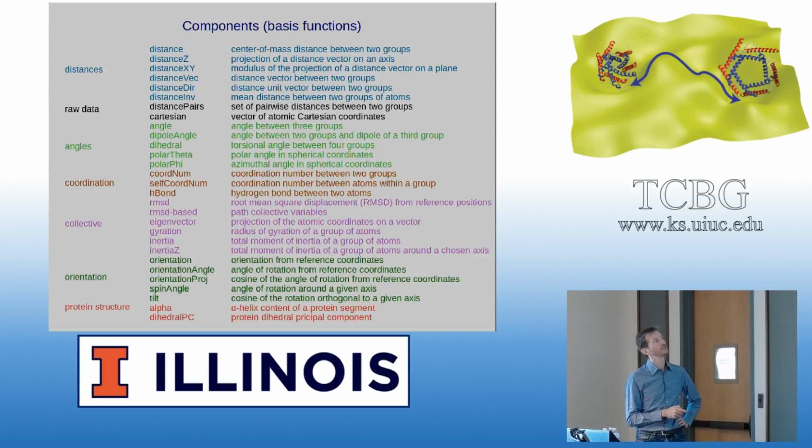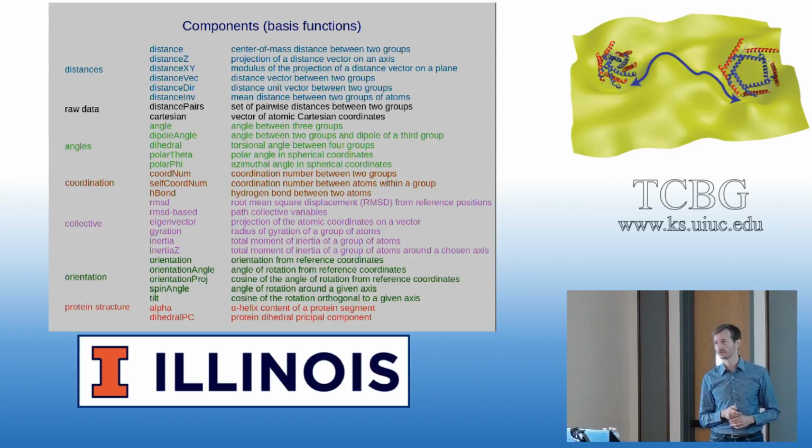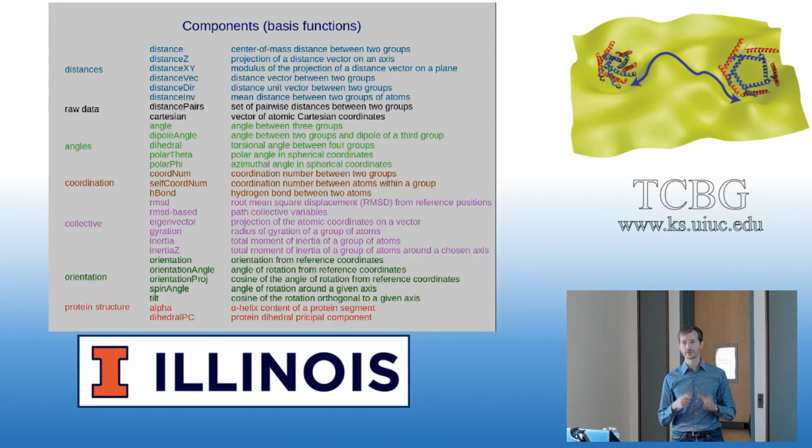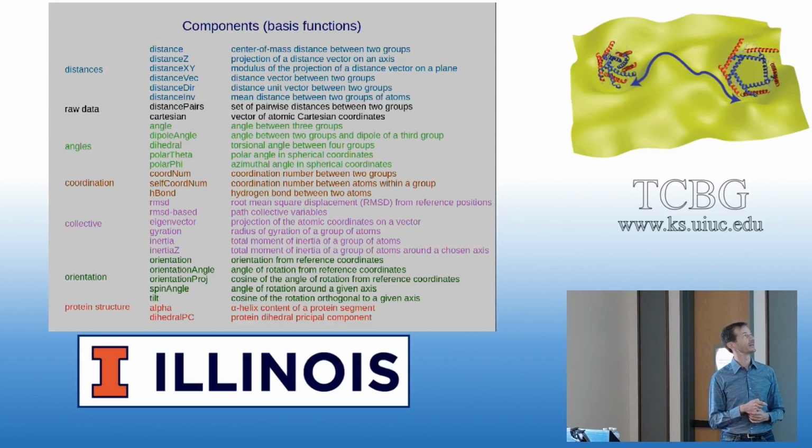Then there are these two special components that I'm calling raw data, because they just give either the list of pairwise distances between the atoms in two groups, or just the plain atomic Cartesian coordinates. So this is not a collective variable at all, it's just a set of Cartesian coordinates. Why would you want to use that? Well, not directly as collective variables, but as part of making your own collective variable.